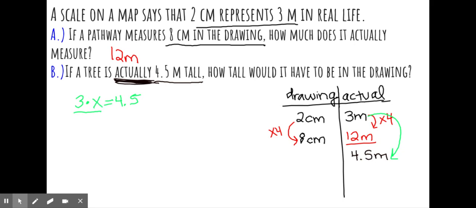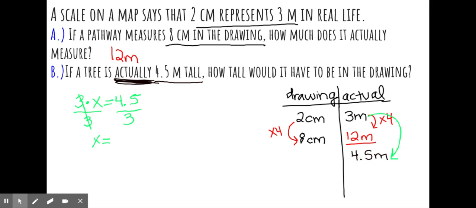To isolate that variable, to get the x by itself, we want to divide by 3 because that's the opposite of multiplying by 3. That gets rid of the multiplying by 3 because 3 divided by 3 is 1, and 1x is just x. Now, whatever we do to one side of the equation, we have to do to the other side. So now we have to do 4.5 divided by 3.